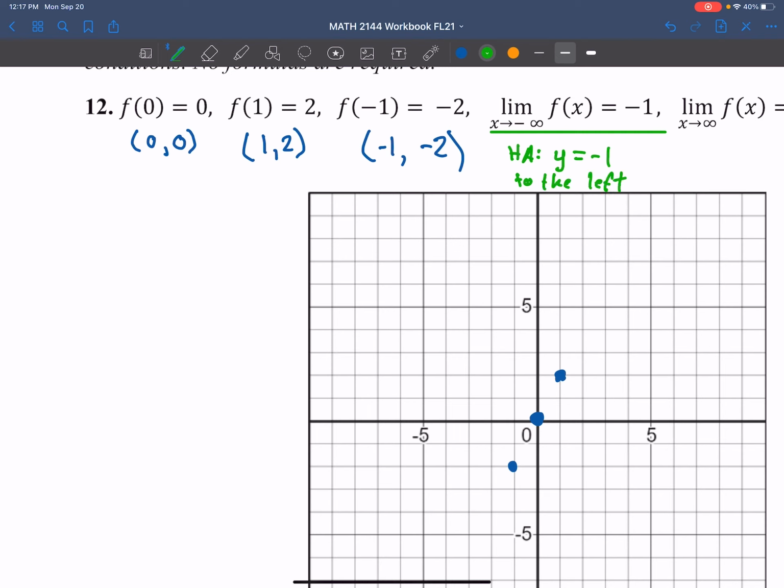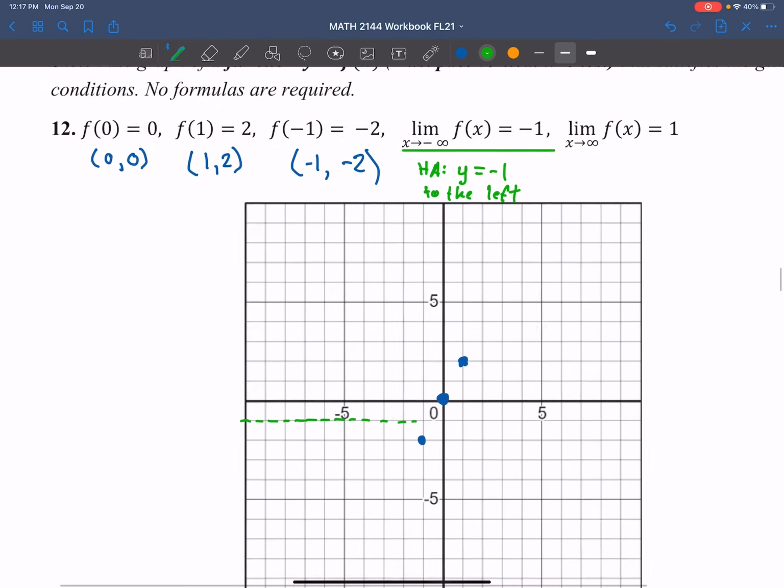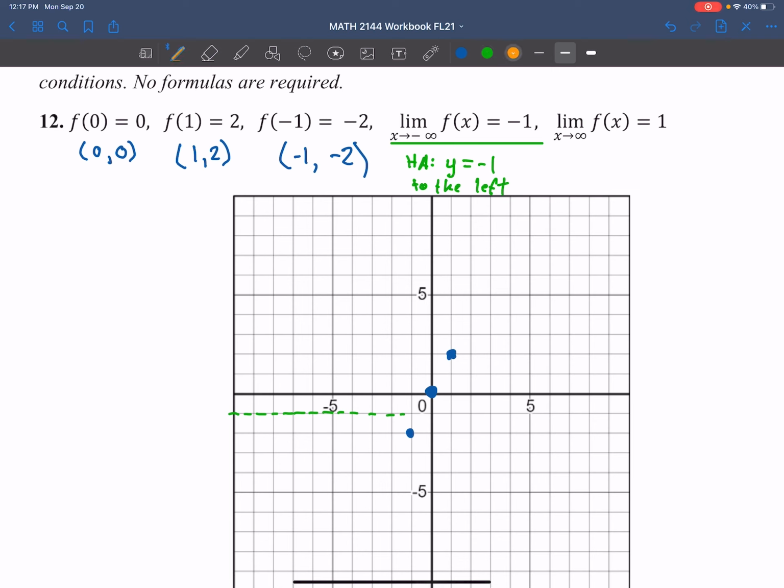So I'm going to just draw this one over here. Then what about this right here? This is telling me that there's a horizontal asymptote y equals 1, but this one is to the right. So you have this right here.